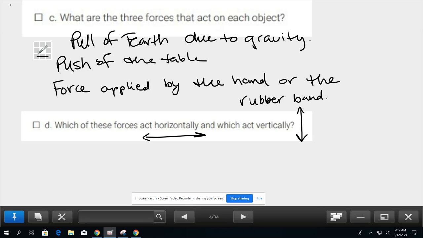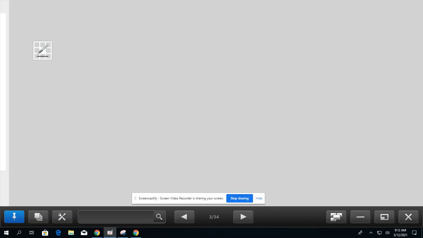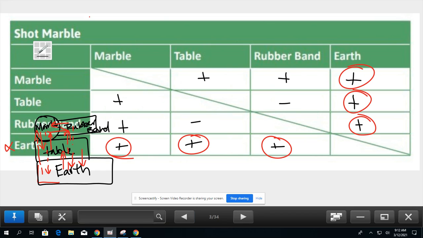So anytime that you have force arrows that are moving left to right, that's horizontal. Anytime that you have force arrows that are moving up and down or north to south, that's vertical. So let's look back at our free body diagrams, okay? Where do we see some arrows moving left to right?